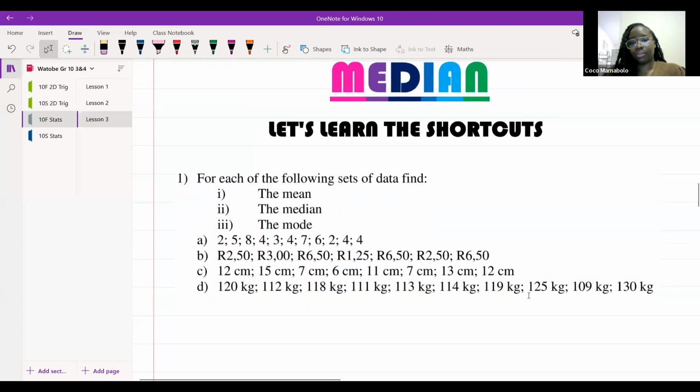Ma'am, I have a question. With them calculating the mean, with an object like a car or something, we would have to round up. But if it's a day or something like that, then we keep it as decimals. Correct. That would be the difference between discrete and continuous data.